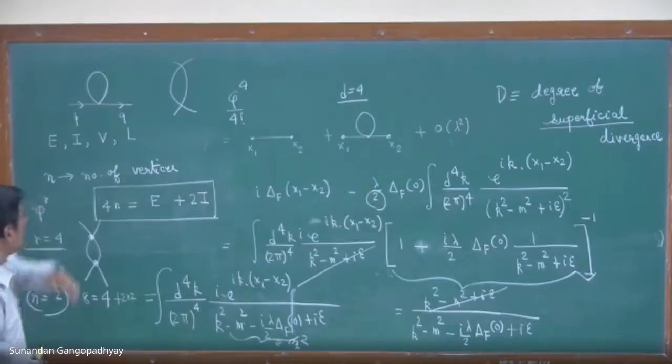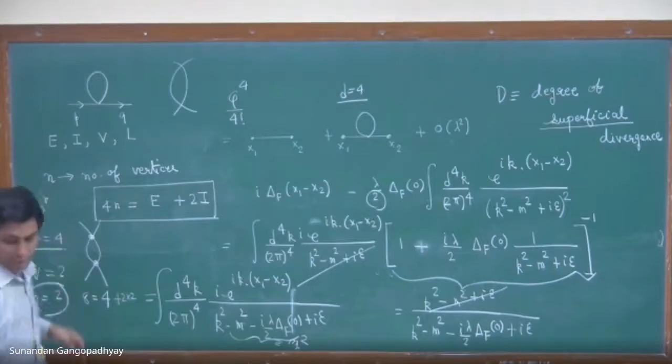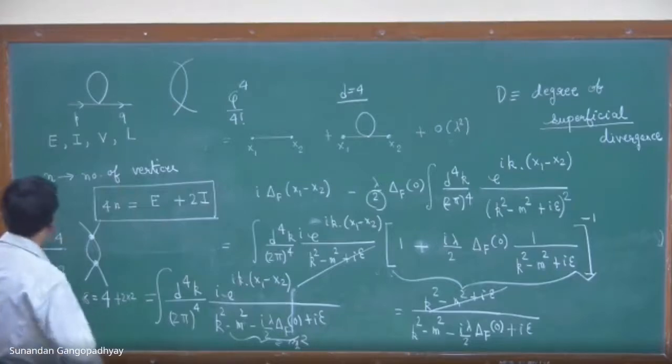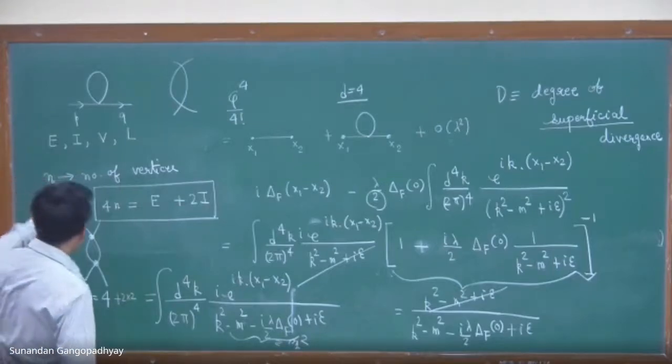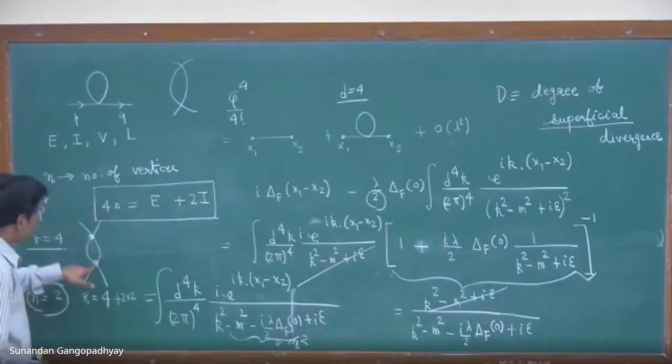And now let us come to, suppose we have a diagram which has n number of vertices. So if you have n number of vertices, then there will be momentum conservation at each of these points, and there will be overall momentum conservation for this diagram.